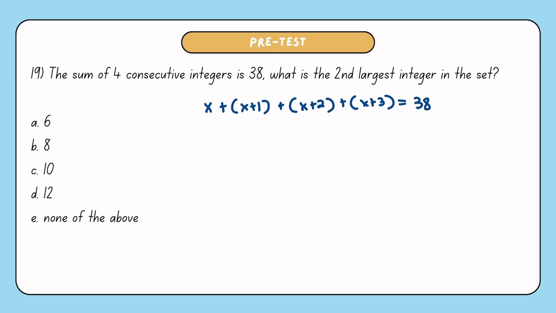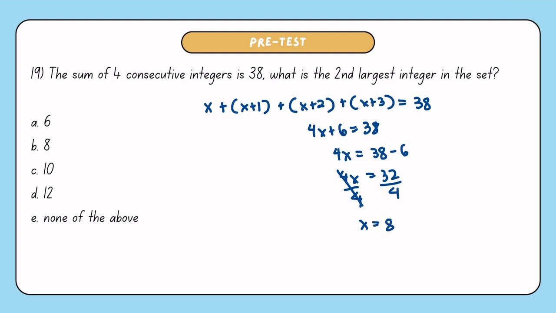When we solve for x, we get 4x plus 6 equals 38. 4x equals 38 minus 6. 4x equals 32. Dividing both sides by 4, x equals 8. Because we are asked to find the second largest integer, we will use x plus 2. So x plus 2 equals 8 plus 2 equals 10. So the answer for number 19 is C.